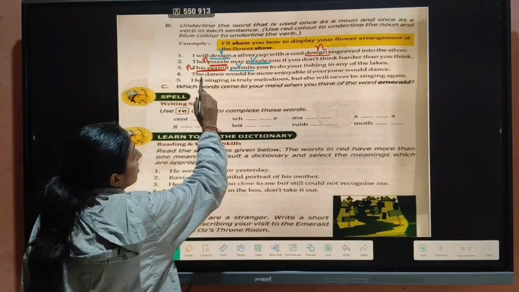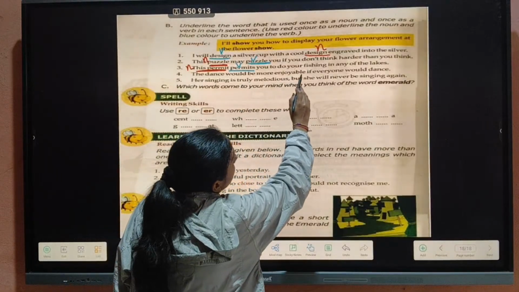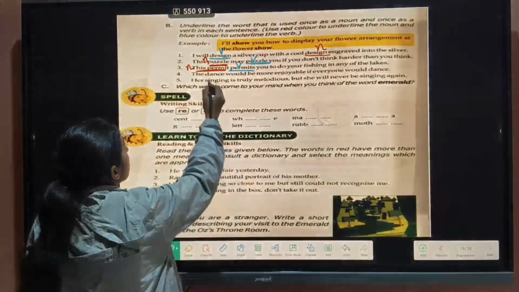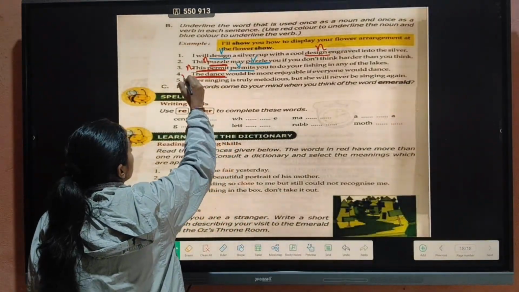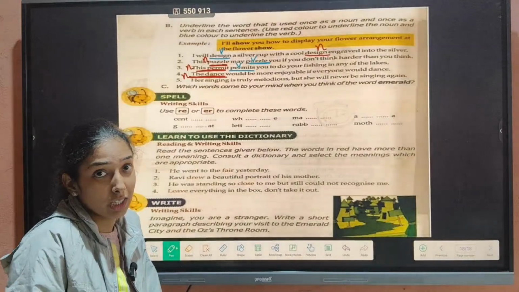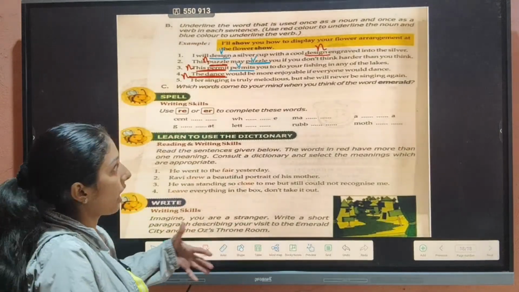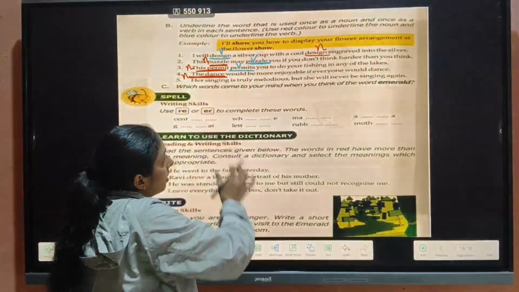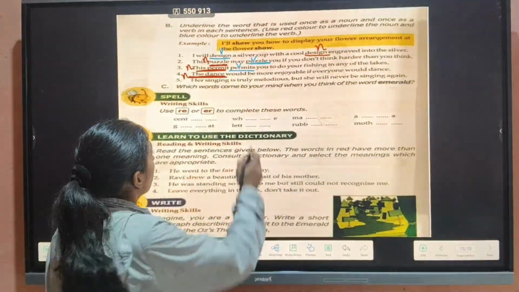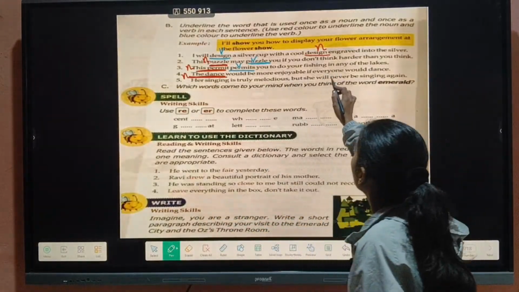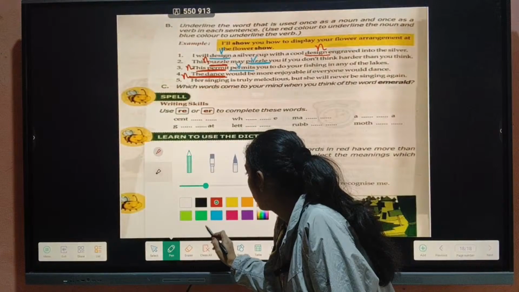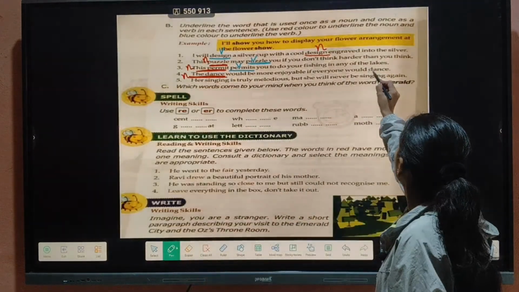Next sentence: the dance would be more enjoyable if everyone would dance. So the dance is a noun, the act of shaking your hands and body according to the beat, according to the music. Would be more enjoyable if everyone would dance: here dance is the verb.